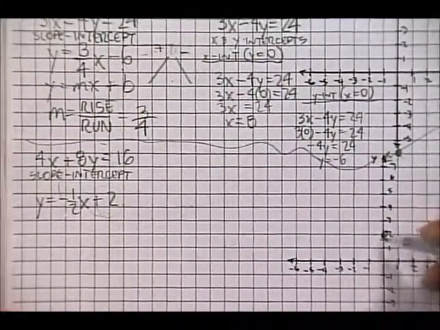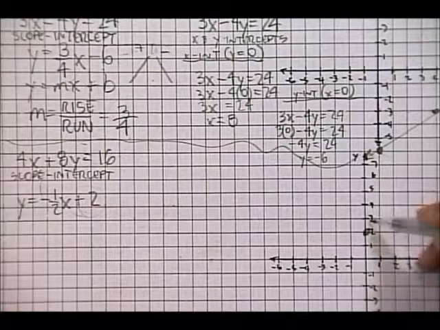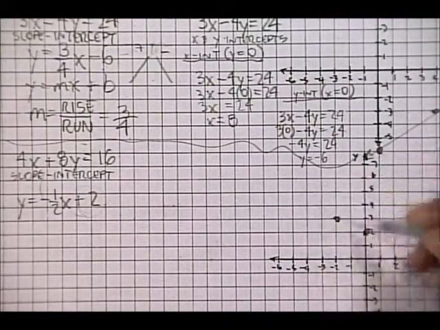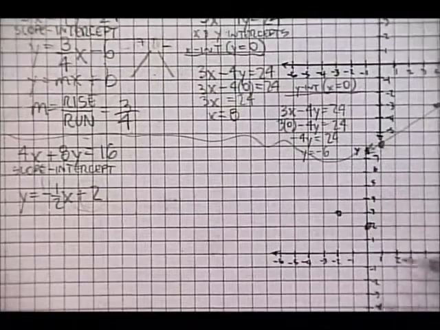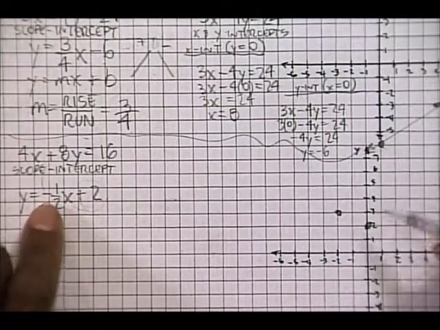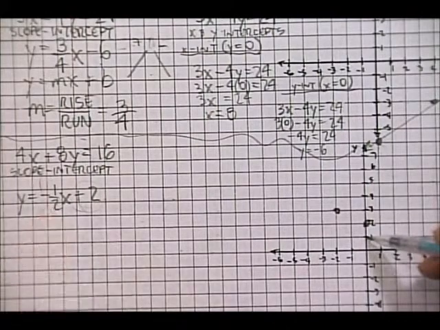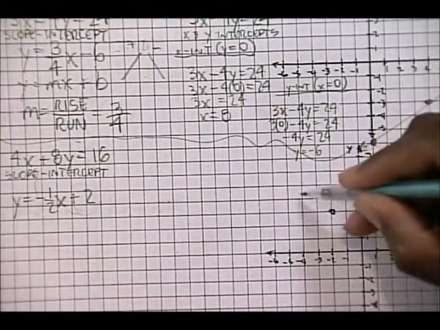So from here, you rise 1 and run 2 to the left, because from left to right you've got to be falling. Some people feel comfortable with negative 1, going down 1 and then traveling over 2 to the right. Notice how you still end up with the same line.